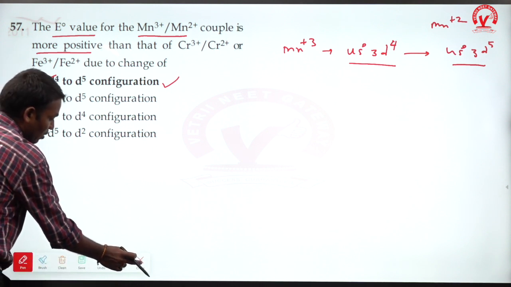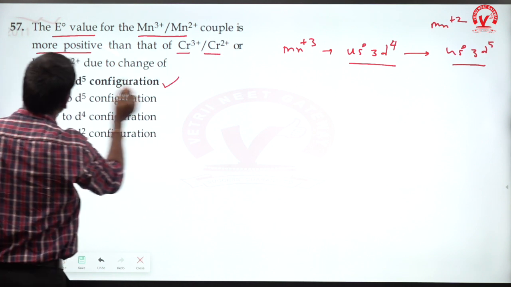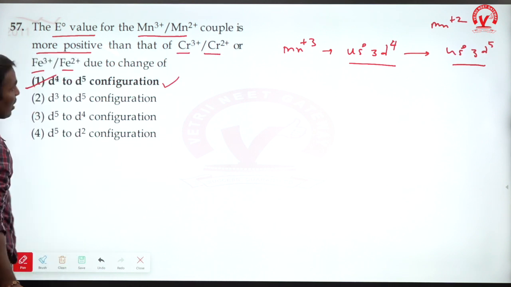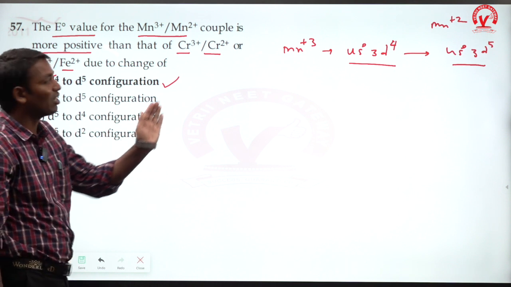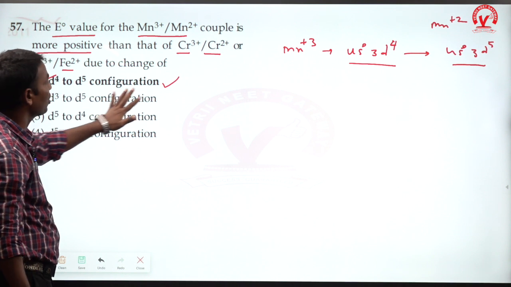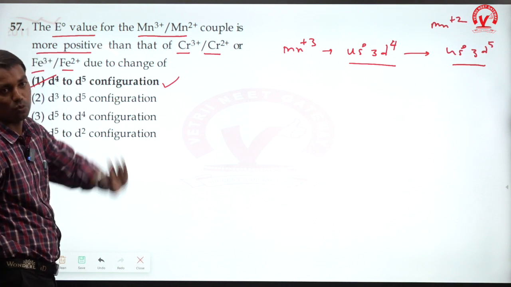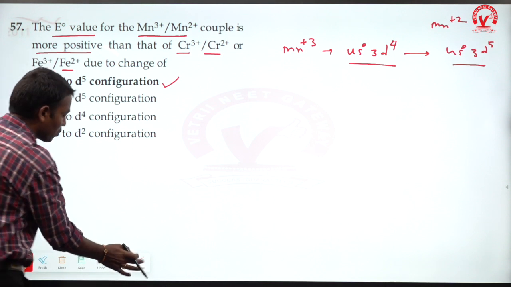The remaining Cr3+ in Cr2+ and Fe3+ in Fe2+ are less stable electronic configurations comparing with this. That is the reason d4 to d5 is a more stable configuration, so E0 values are more positive. Then move on to the next question.